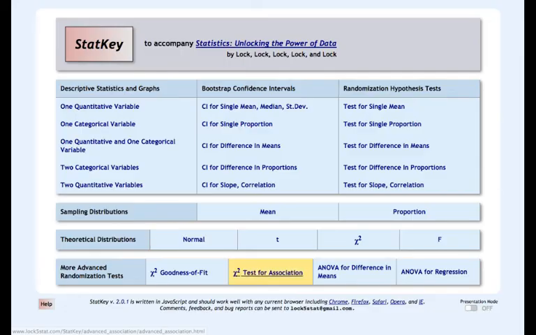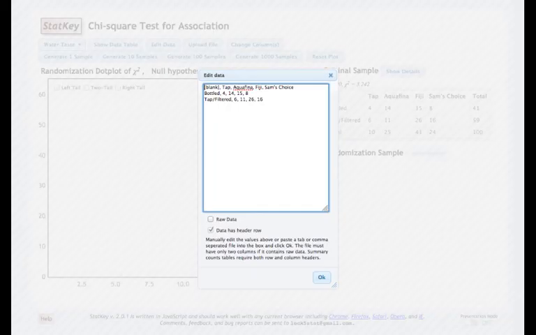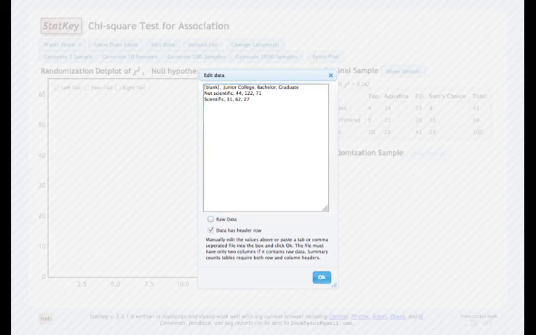So here in StatKey, chi-square test for association, beside more advanced randomization tests, edit data, type this in exactly as shown with commas in the right places. Go ahead and leave data has header row checked because we do have the labels of junior college, bachelor, and graduate up there.